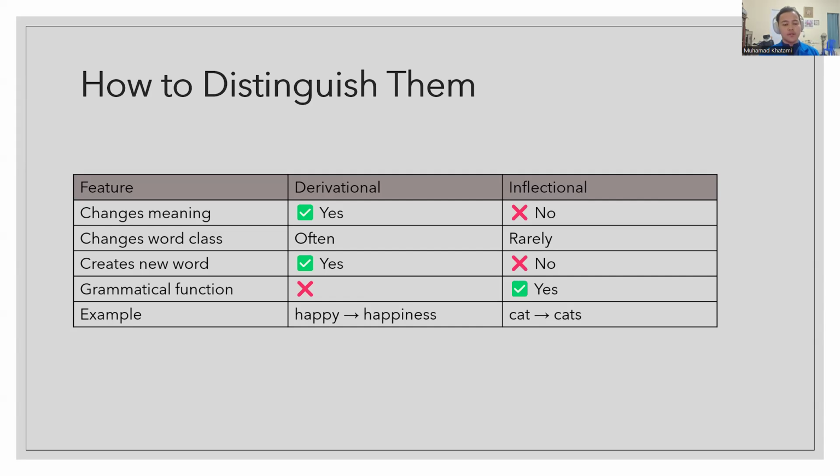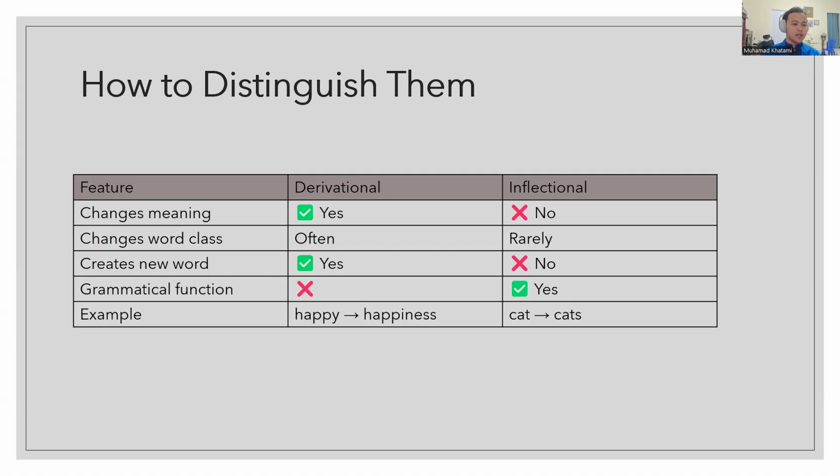If it rarely or doesn't change the word class, then it is inflectional. Next, does it create a new word? If it does, derivational. If it doesn't, then it's inflectional.